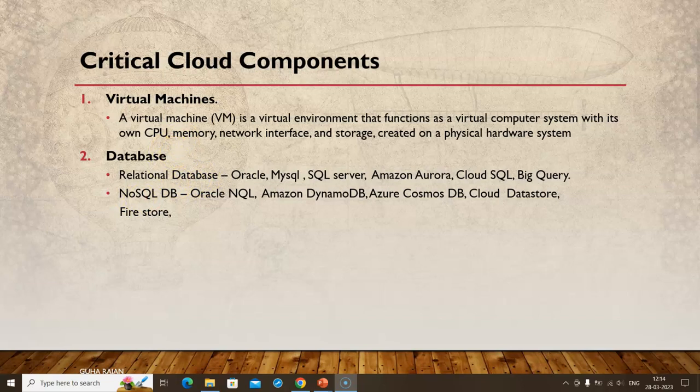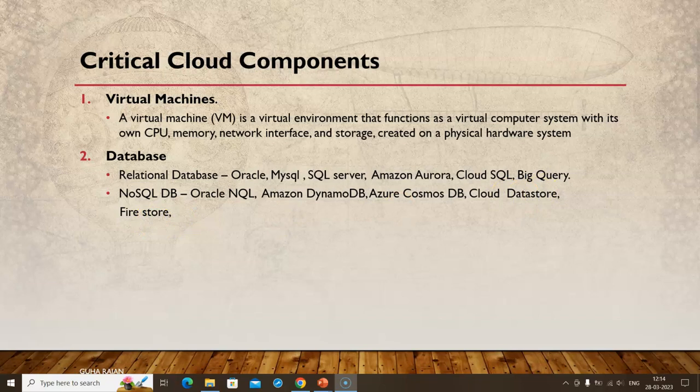All of them provide that as well. Oracle provides Oracle NoSQL, Amazon has DynamoDB, Azure has Cosmos, and Cloud Datastore and Firestore are related to Google.